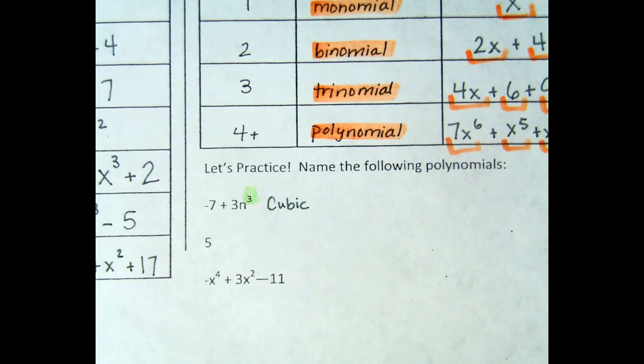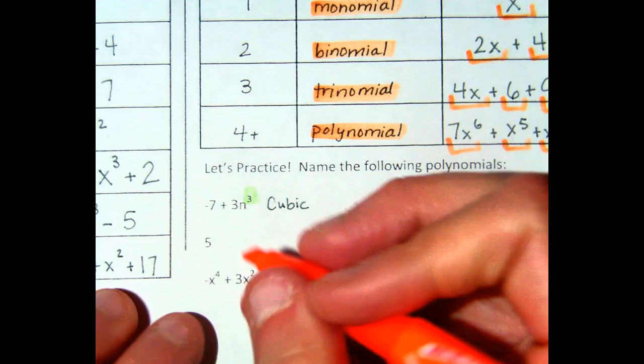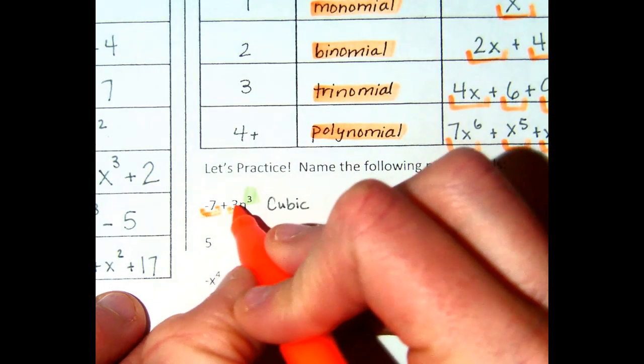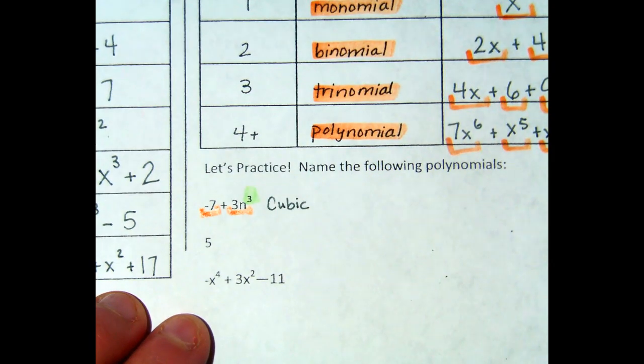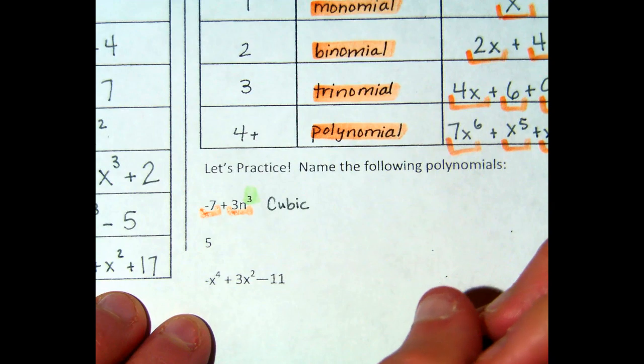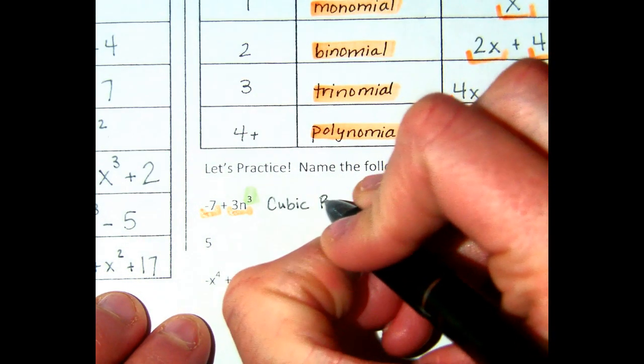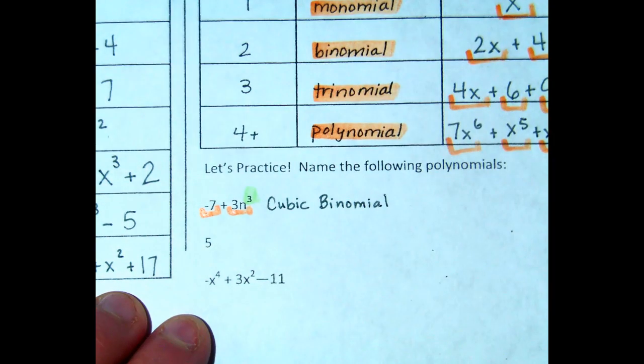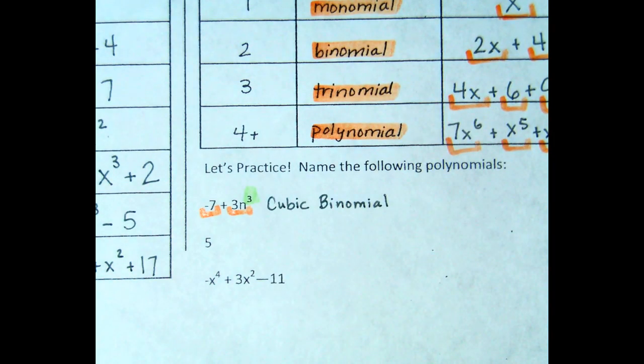How do we get the last name? Okay, we got 1, 2. So what's its last name? Cubic binomial is its name. That's all I have to do, is name it.